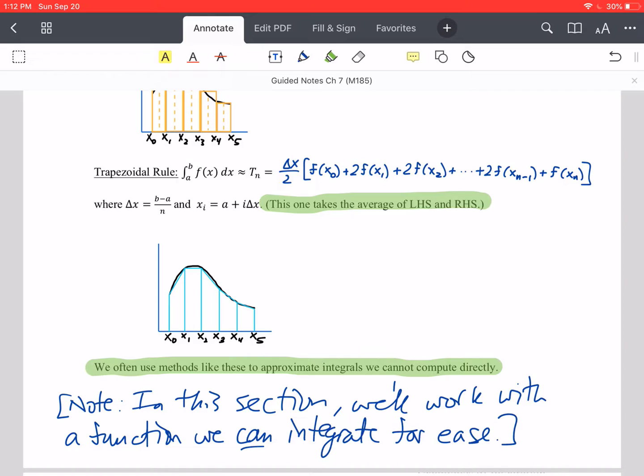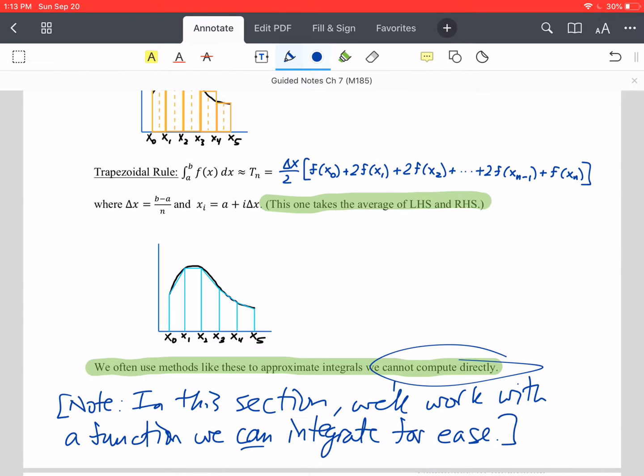Okay, because we want to be able to compare what we get with the actual value, so we can see how accurate our approximations are. So again, we would use this generally for things we cannot compute directly, but in this case with these examples, we're going to work with one that we could compute directly, and we're just going to compare to see how good we're doing.